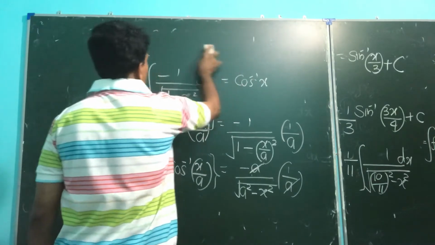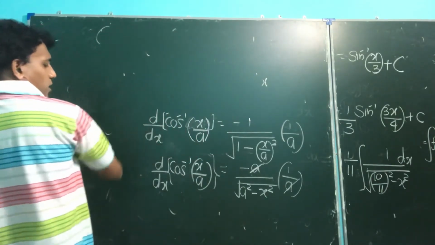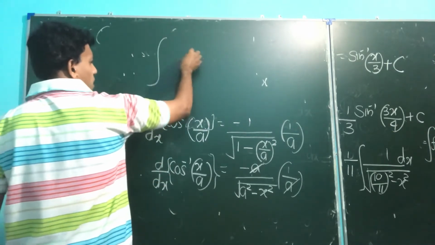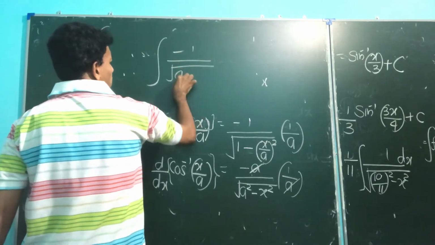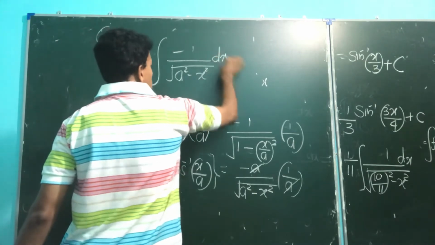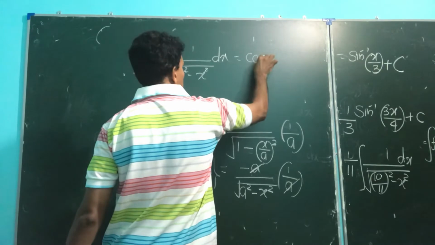Therefore, as the converse part, we'll take a note for the integration. The integral of minus 1 over square root of a square minus x square with respect to x, the answer is cos inverse x over a, right?